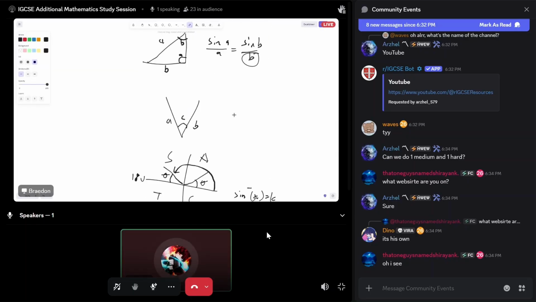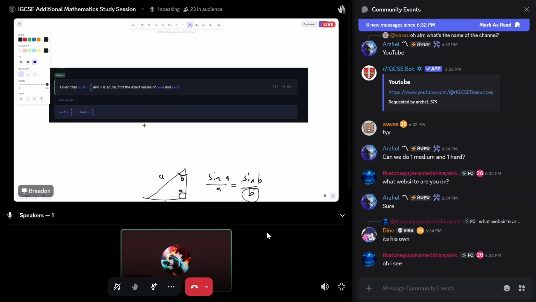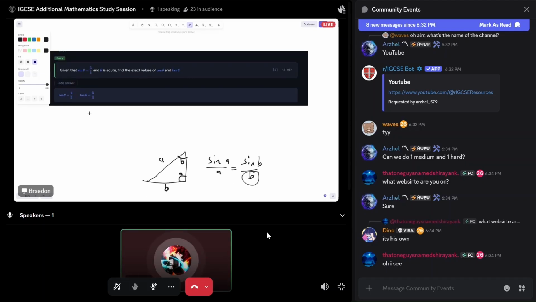So sine angle equals 3/5 and angle is acute. So you remember that sine is opposite over hypotenuse. So 3/5 is actually opposite over hypotenuse. And then with this, you can find cos and tan.